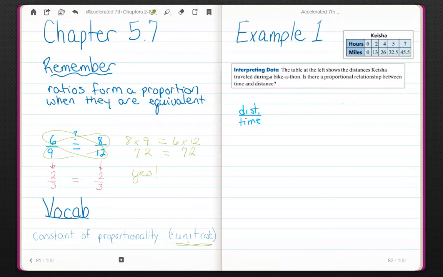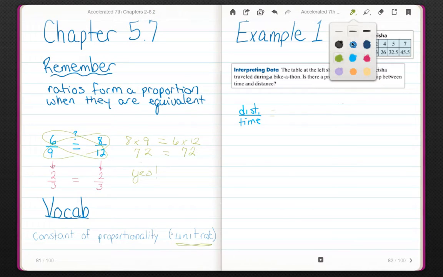Example 1. The table at the left shows the distances Keisha traveled during a bike-a-thon. Is there a proportional relationship between time and distance? So I'm going to set up distance and time. So my distance is down here.